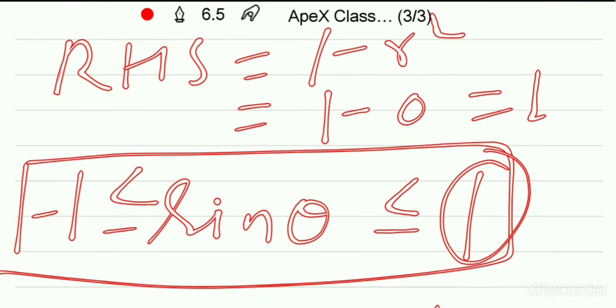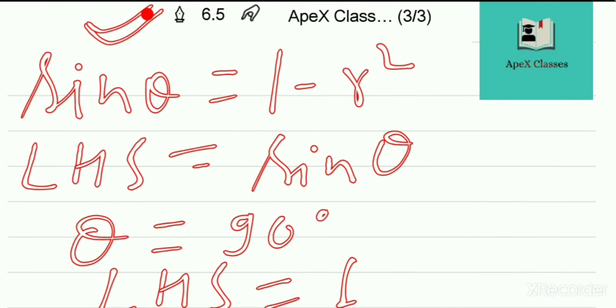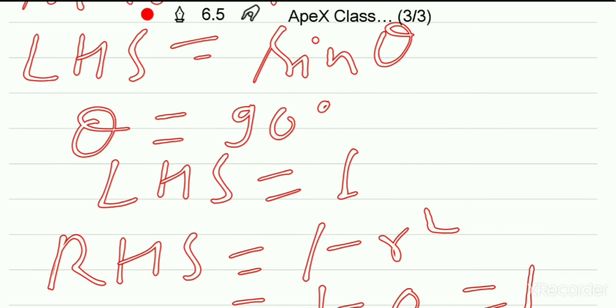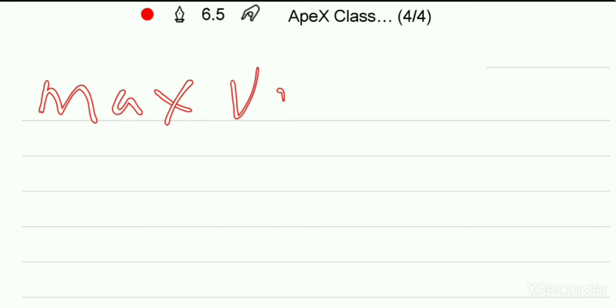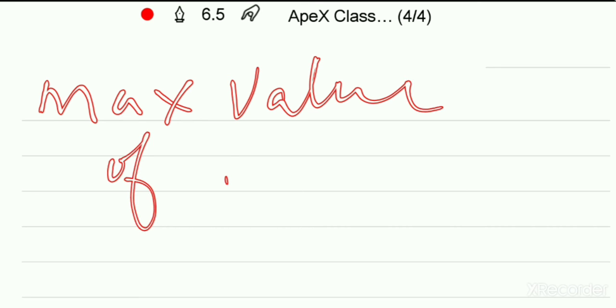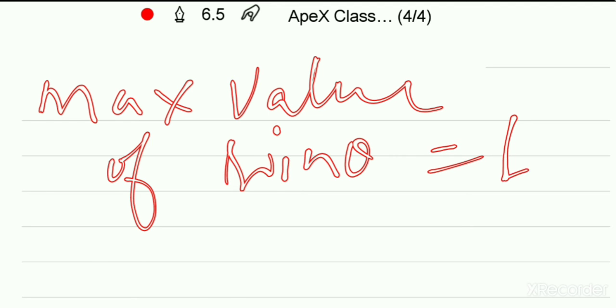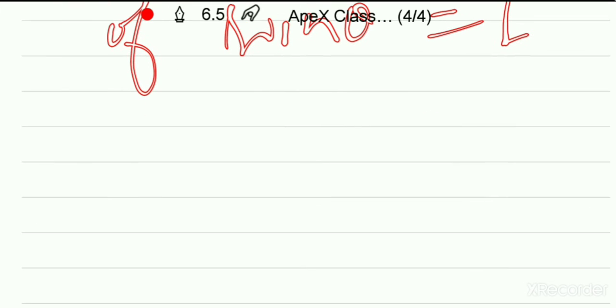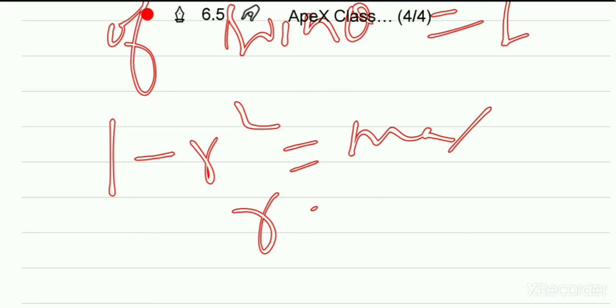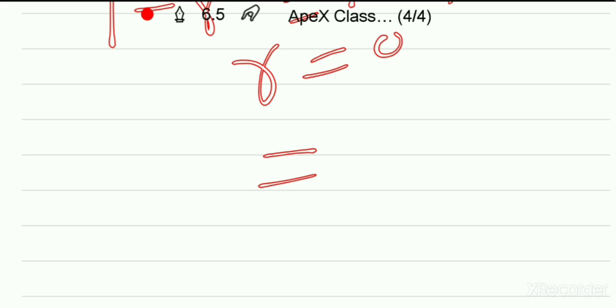Now on the LHS the maximum value of sin theta will be 1, so RHS should also be maximum, which means 1 minus r square should be maximum, and this will be maximum if r equals 0, that means 1.